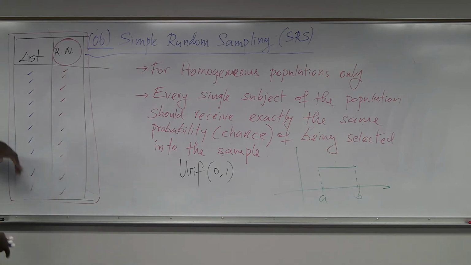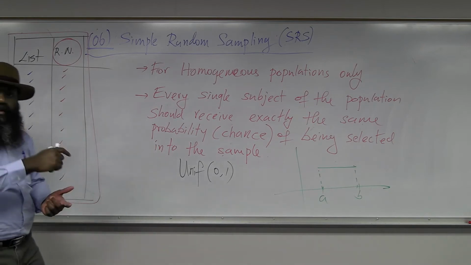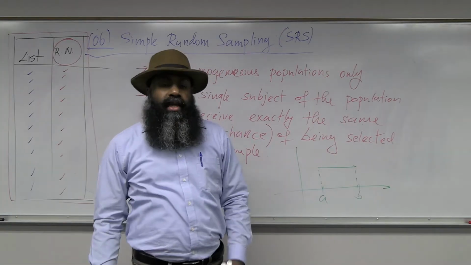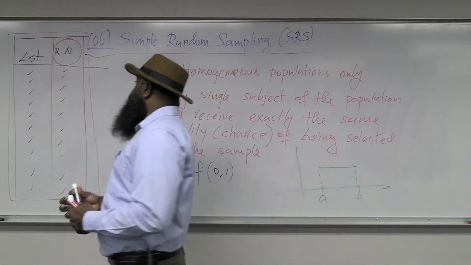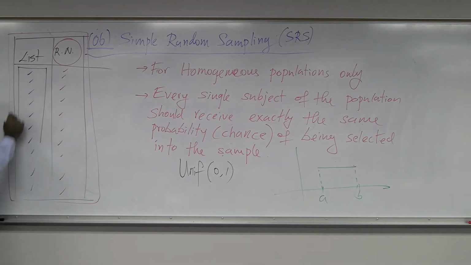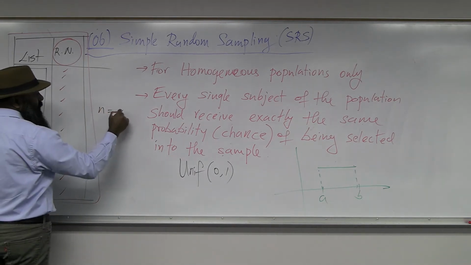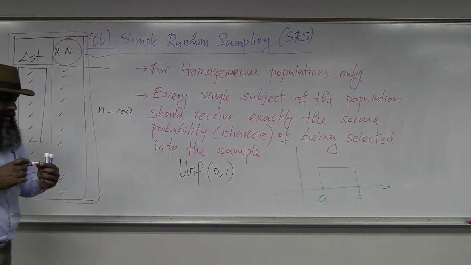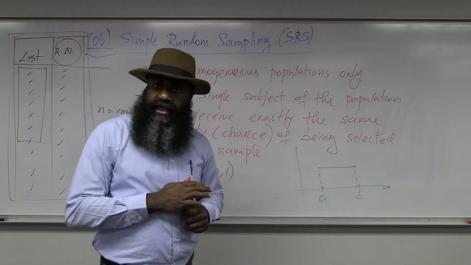And accordingly, the list of names will also be adjusted, because I sort the entire data set, and then all I have to do is to select the first n as a sample. So if n is equal to 100, n is the sample size, select the first 100. Okay? So that's how we can select a simple random sample.